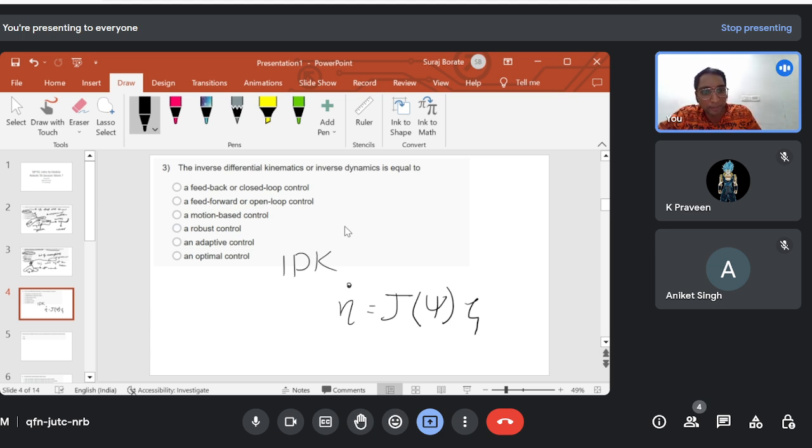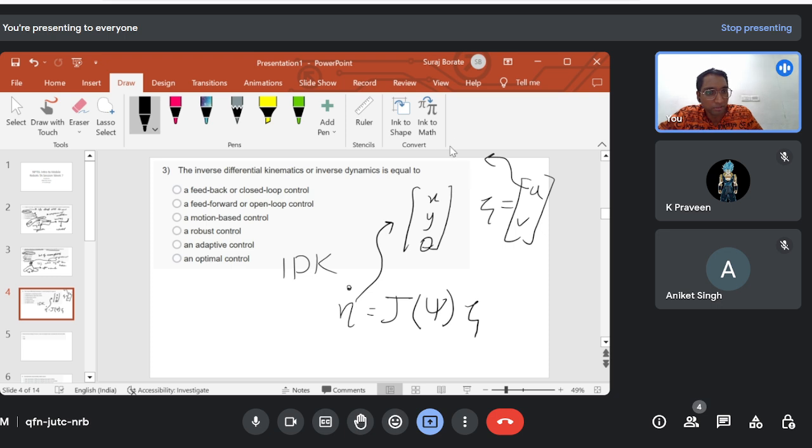So what was eta? Eta was x, y, and theta, right? And zeta was what? u and v. So what were u and v? u was the body frame longitudinal velocity, right? And v was the lateral velocity of the robot, right?